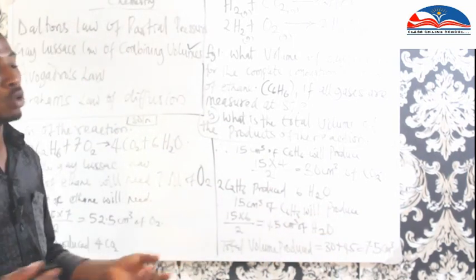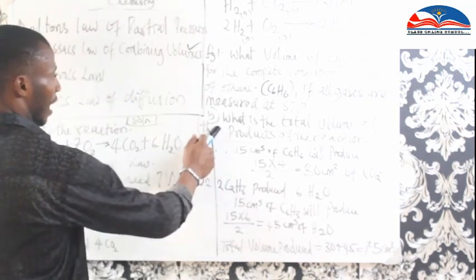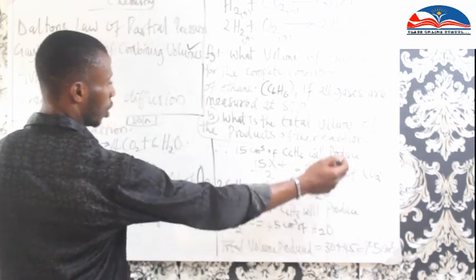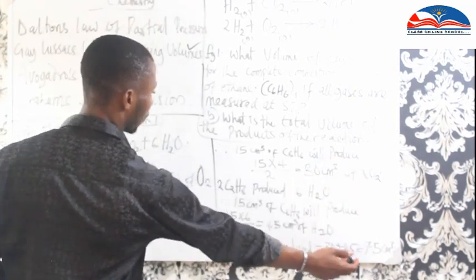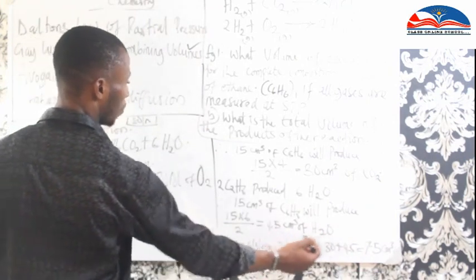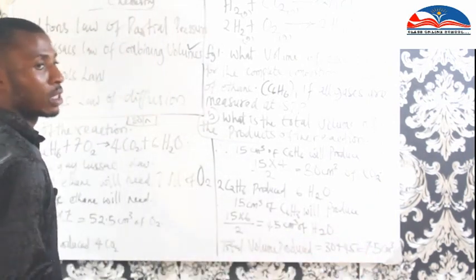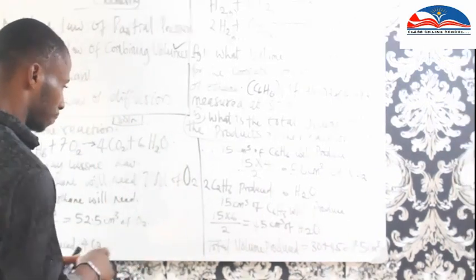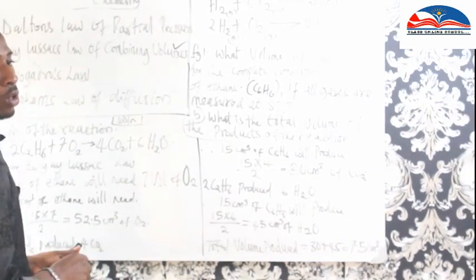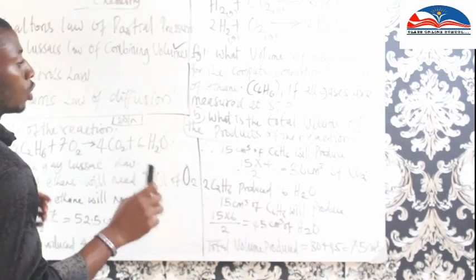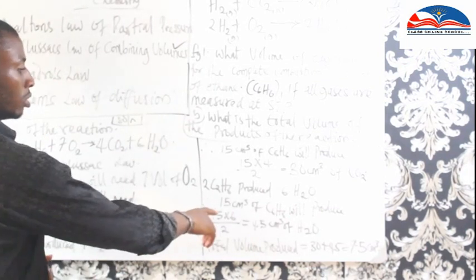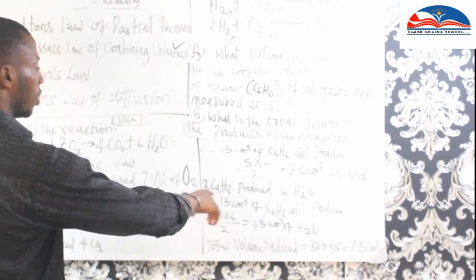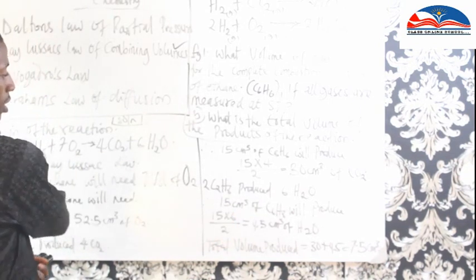Now the total volume produced, that is the last question. Now we have 30, which is of CO2, and 45, which is of water, give us 75 centimeter cube. That's what was produced. What do I mean? Watch. Now our production does not lie on this reaction.